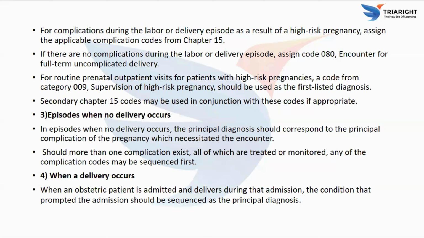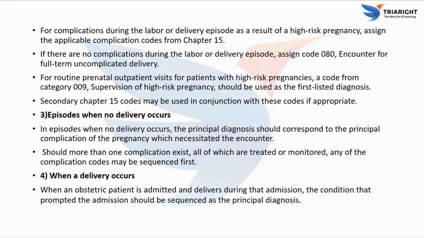These codes describe the obstetric complications such as high blood pressure, diabetes in pregnancy, fetal issues, preterm labor, and also breech presentation. So what is the rule over here? You have to assign the specific chapter 15 code that describes the complication that happened during the labor or delivery.